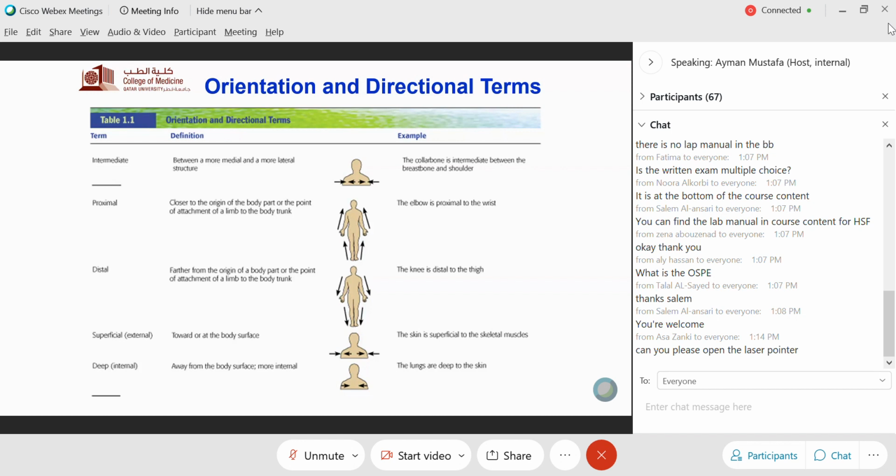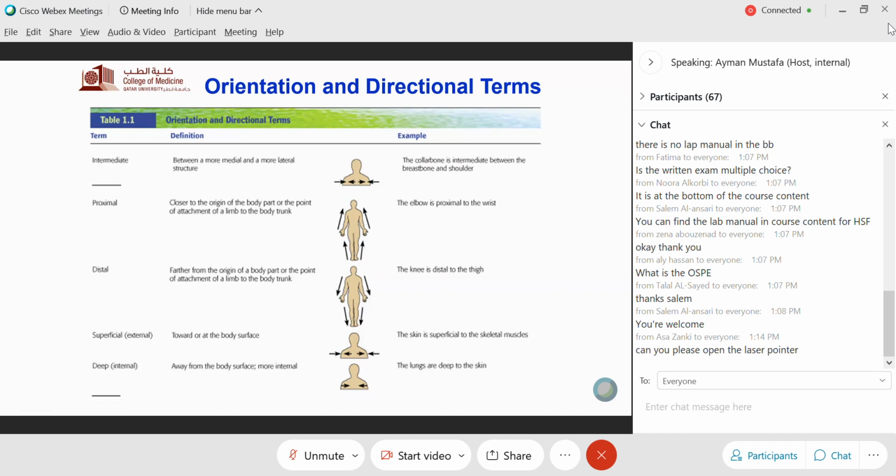They are only used to describe structures in the upper limb and lower limb. So each limb is actually attached to the body. The upper limb, the area of the shoulder, attaches it to the body. The lower limb, the area of the hip, attaches it to the body.